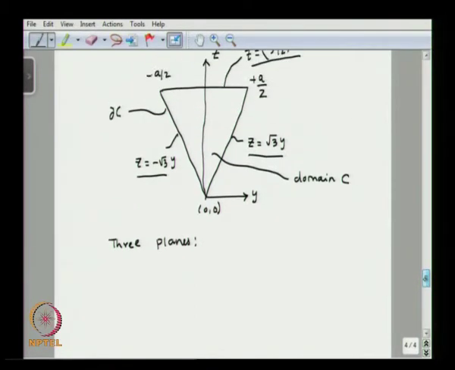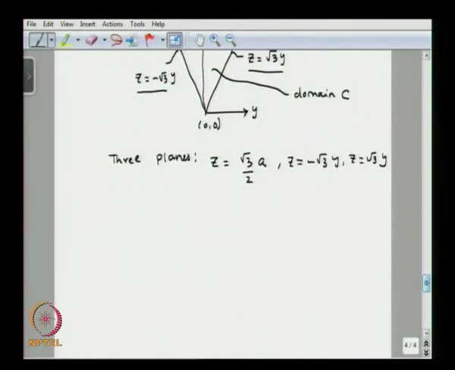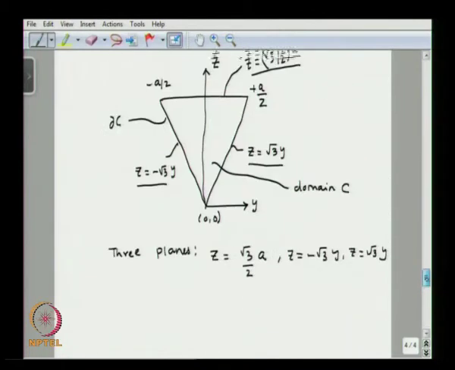One is z equal to square root of 3 by 2 a, and the second one is z equal to minus square root of 3 into y, and z equal to square root of 3 into y. So, these are 3 different planes that are forming this domain.